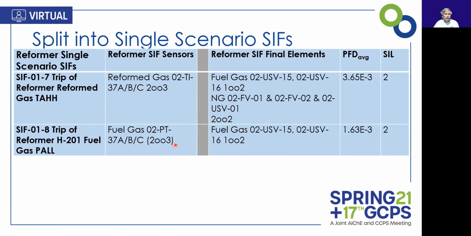And then finally, number 8 is concern is fuel gas low pressure. We measure that, 2 out of 3 voting on the transmitters. And if that happens, we're going to trip the fuel gas, where we trip both USV shutdown valves. And so that's a quick look into the way that we develop the single scenario SIFs.